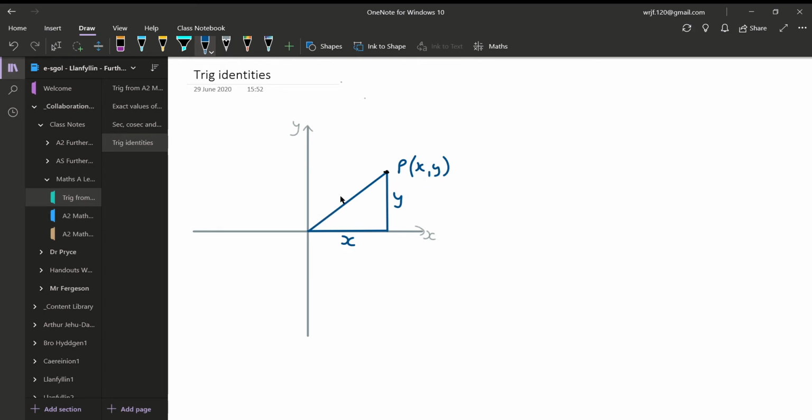And just for the sake of argument, we'll talk about the hypotenuse, the distance from the origin to the point P, and we usually give that the label r. We use r there largely because that's going to be fixed if we allow P to rotate around the origin in a circular fashion. So it's going to be the radius of the circle that it would make, but we're just going to think about the fixed point P there.